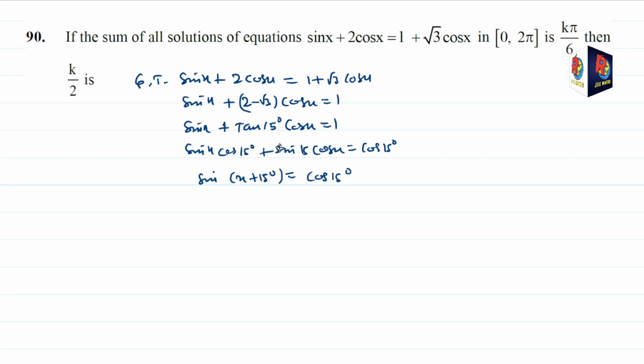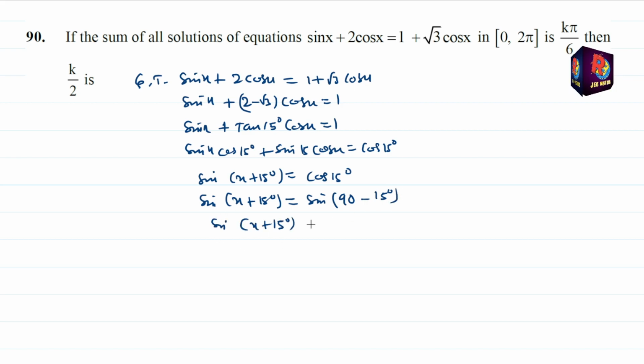So I can write sin(x plus 15 degrees) equals sin(90 minus 15), so sin(x plus 15 degrees) equals sin 75.